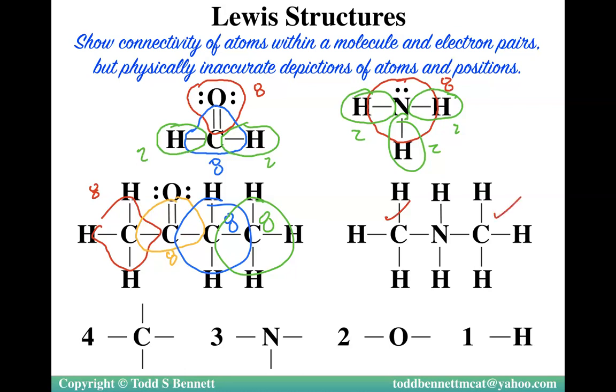Nitrogen makes 1, 2, 3, uh-oh, I see 4 bonds here. According to this, it only forms 3. So because this is forming 1, 2, 3, 4 bonds, can't be true. So must fix that. I'm going to fix that by making one less.